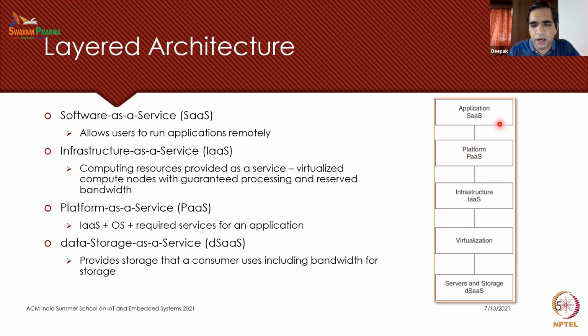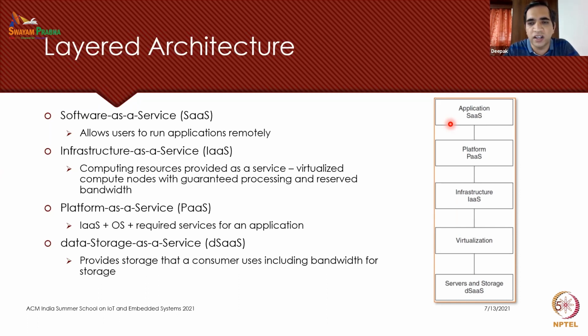What cloud computing has now done for the user is that instead of having all those resources or applications running on their own device, they can now run them on a cloud, right?